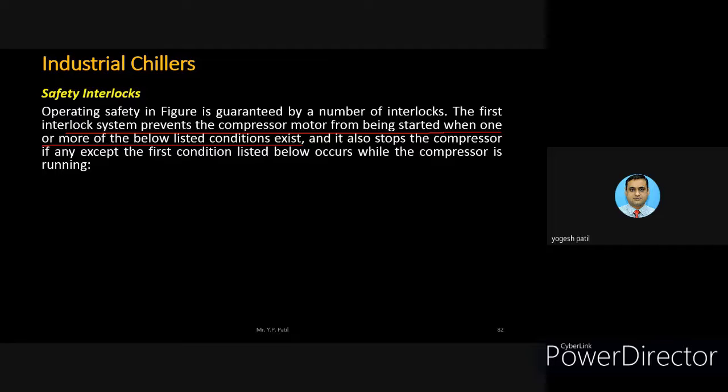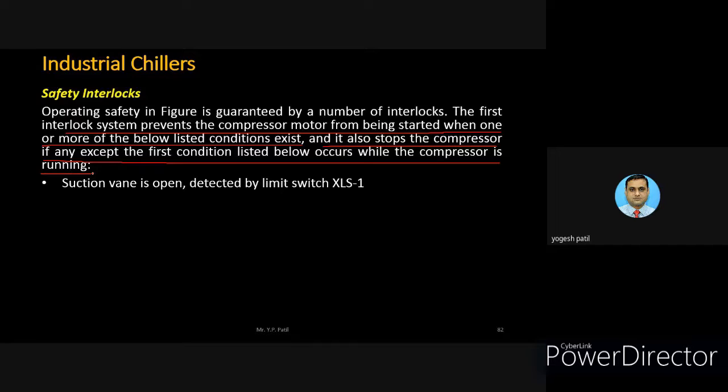So if one or more of the following listed conditions exist, obviously the compressor will get turned off. It also stops the compressor if any except the first condition listed below occurs while the compressor is running. For example, if the compressor is running, at that time also it gets stopped suddenly. So what are those conditions?